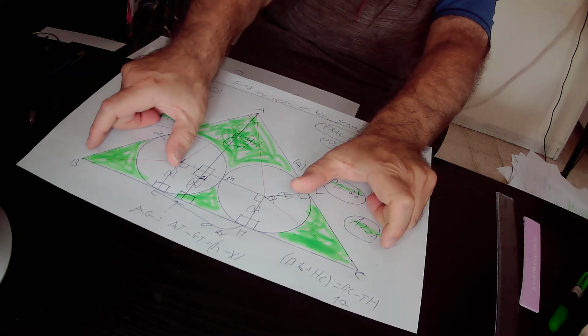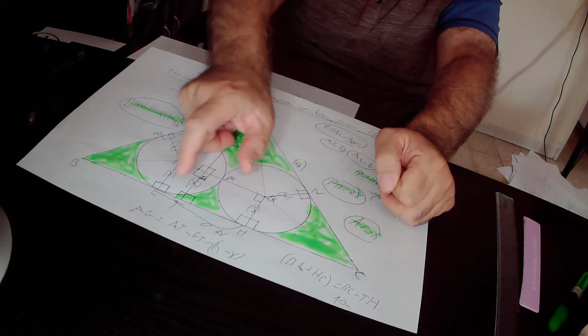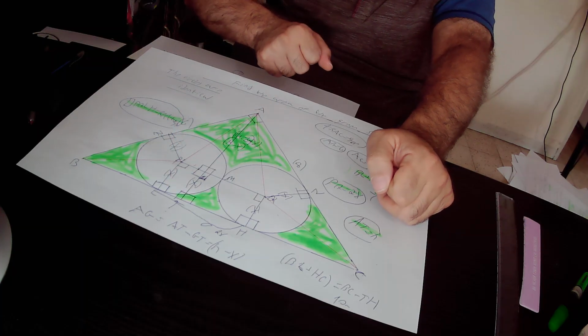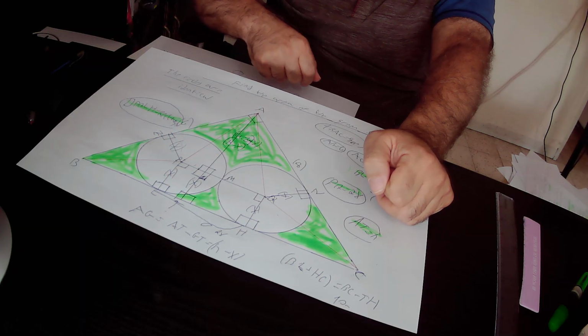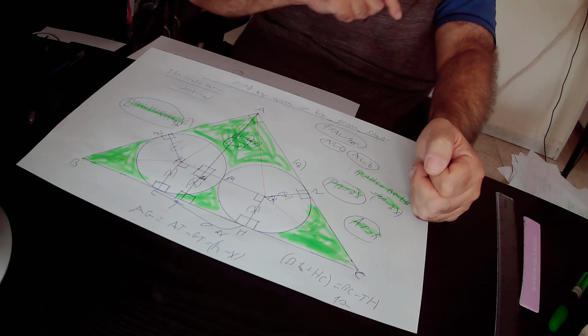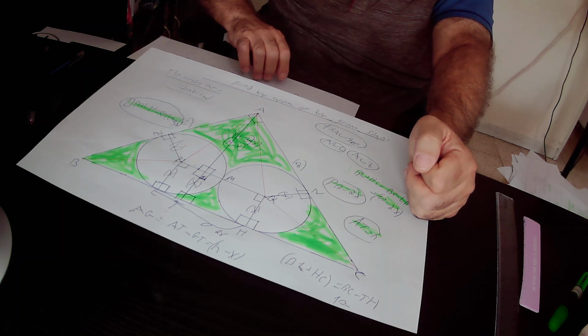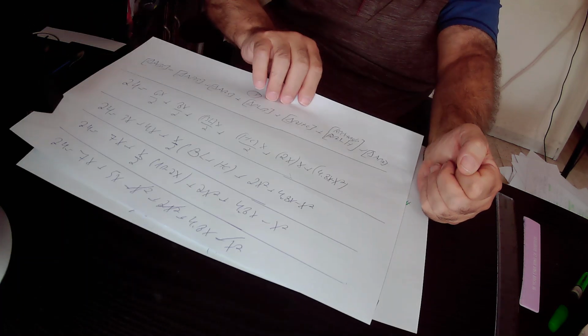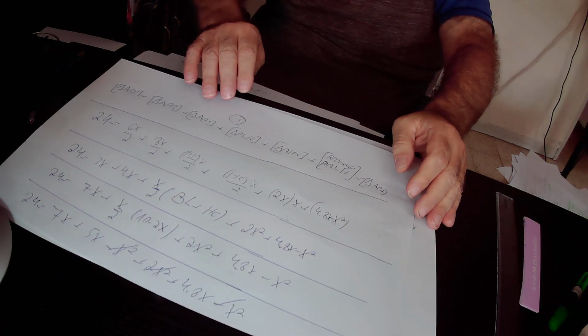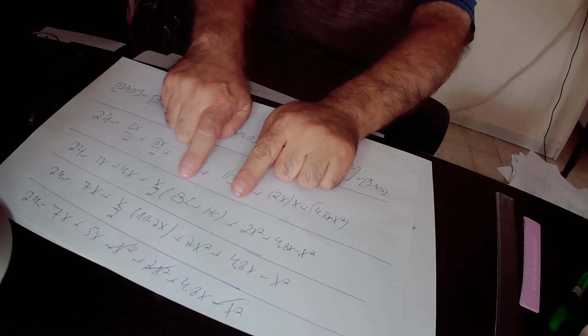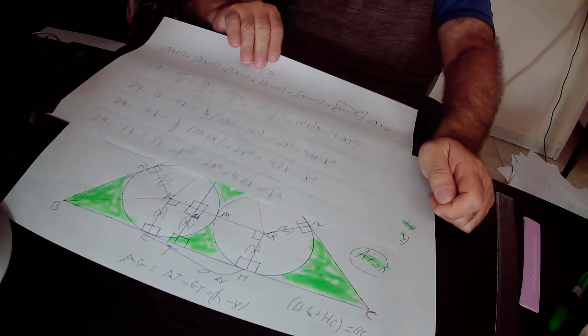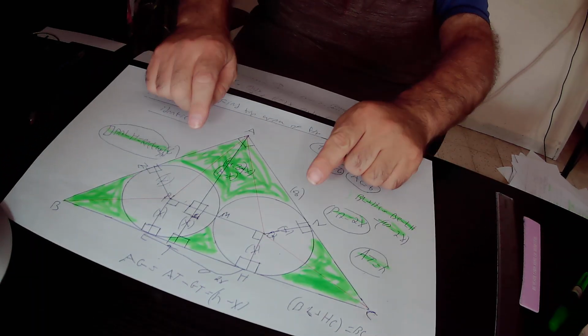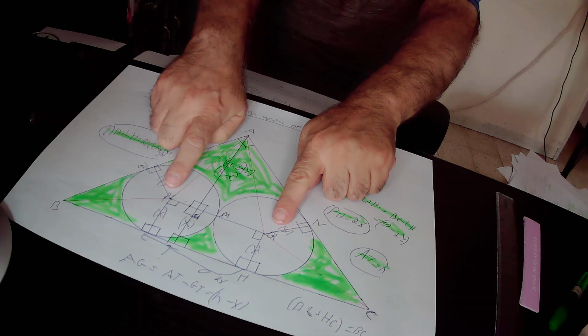So BL plus HC equals BC, that is 10, minus LH. We found that the length of rectangle PQHL is 2x.